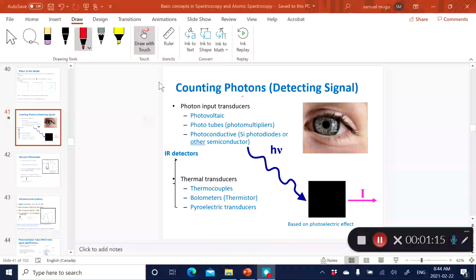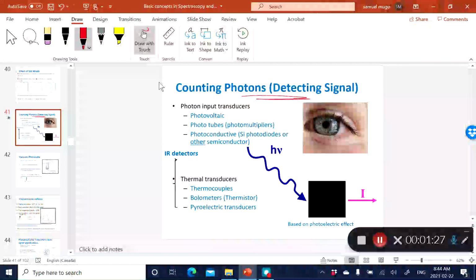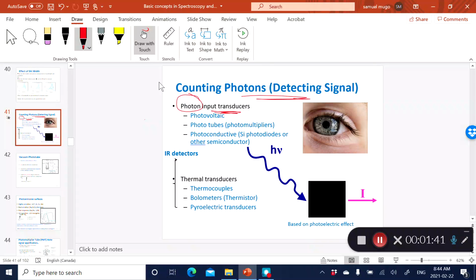Now, of course, as you would imagine, the detector is possibly the most important component, because it's the one that's converting the light into an electronic component. It's what you refer to as the photon input transducer, which is going to convert the photon, because you're dealing with electromagnetic radiation, and yet we are dealing with electronic components as far as instruments are concerned.